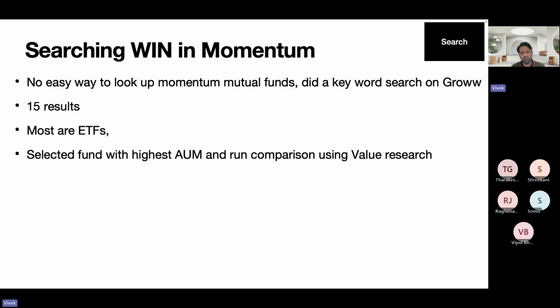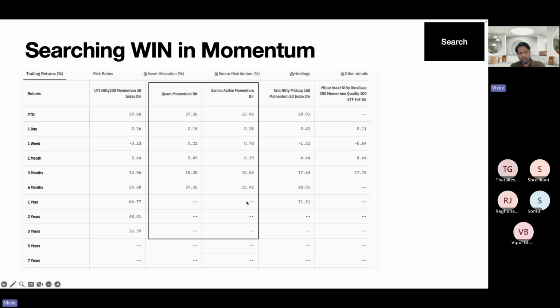They could be ETFs, they could be active, and then I started analyzing them. When I did that, I found that most of the funds, as you can see on the screen, were actually index funds. There were no active momentum funds. I found only two mutual funds which were really following active momentum. The first one was the Quant Momentum Fund, and the other one was the Samco Active Momentum Fund.